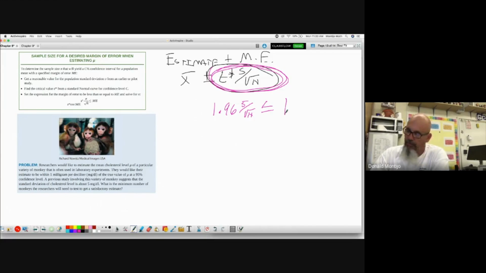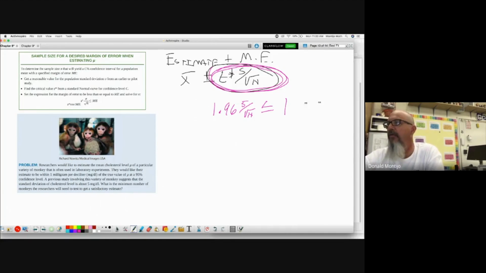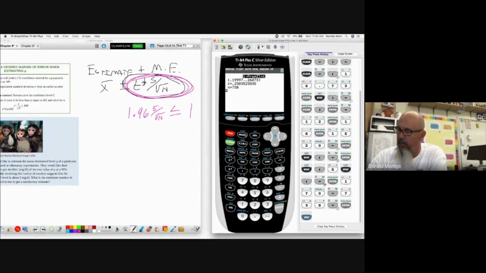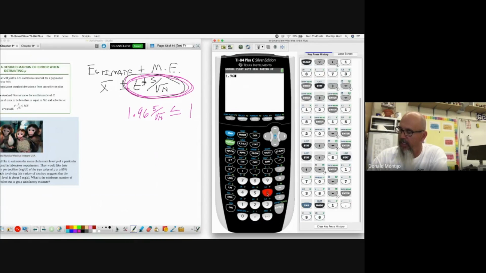So now I'm going to multiply 1.96 times 5. So let me bring my calculator in here this time. So I'm going to quit out of here to go back to my main screen. I want 1.96 times 5.